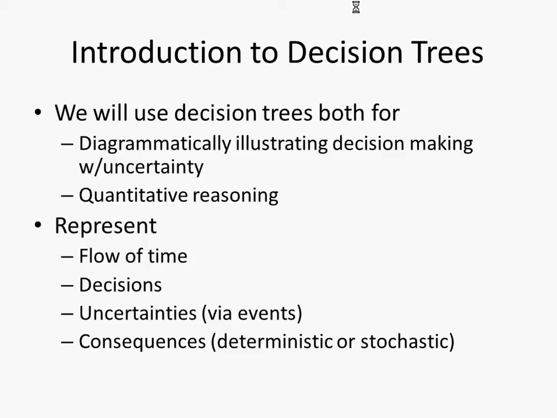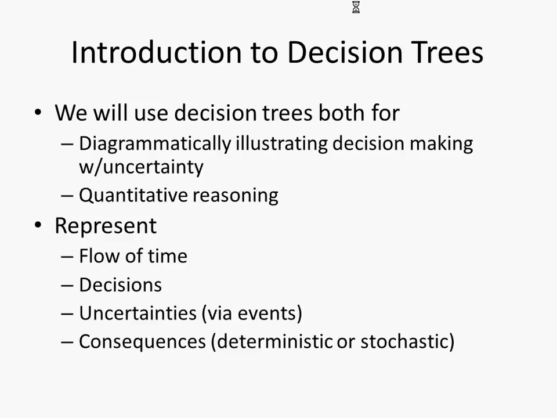So decision trees and decision analysis are used when we have choices to make over time in the context of unfolding uncertainty where there are consequences to our actions. Okay? We're trying to make the best decisions. So they're representing the flow of time, choices at different points in time, uncertainties, these things called events, and consequences.